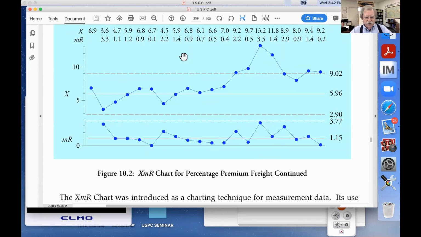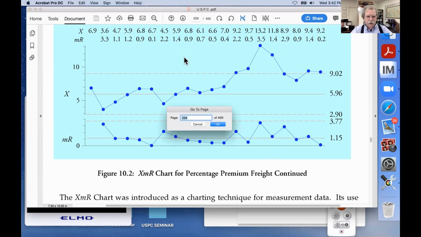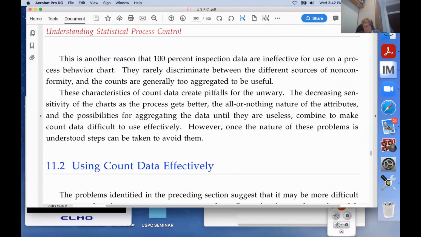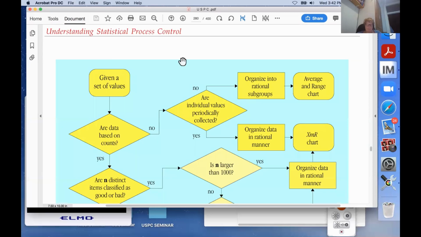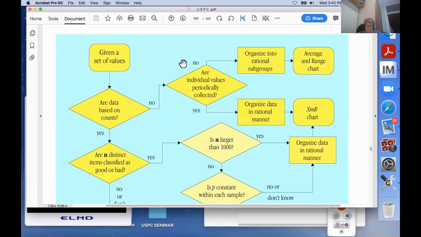So how do you choose a chart? Page 280. Here's a flow chart for choosing a chart. Here's an average and range chart.